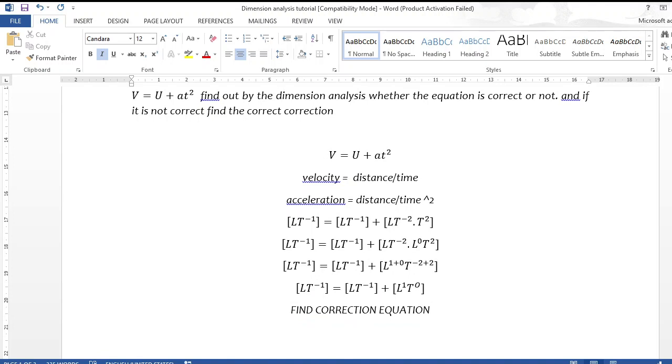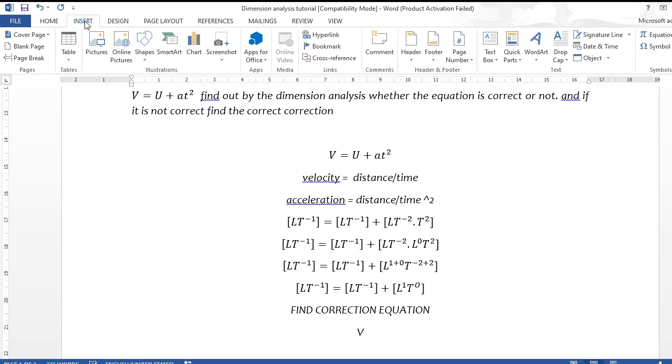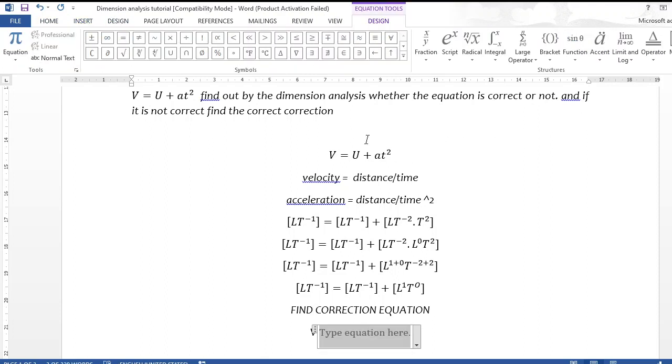To find the correct equation, you look at the missing part. The first part is okay. It's okay on the left hand side, but the second part is not okay, meaning that V is not equal to A T squared.